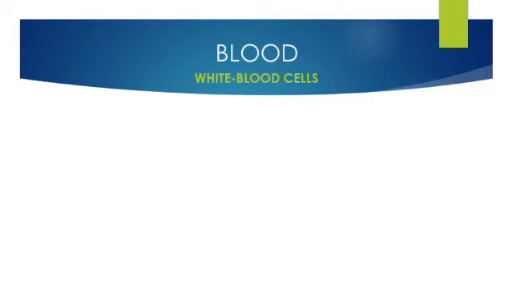Now we look at the white blood cells. The white blood cells are another kind of blood cells that are in that 4% of the 45% of blood cells found in the body. They are also known as leukocytes, though when you look at a detailed study of white blood cells, they are really complex.